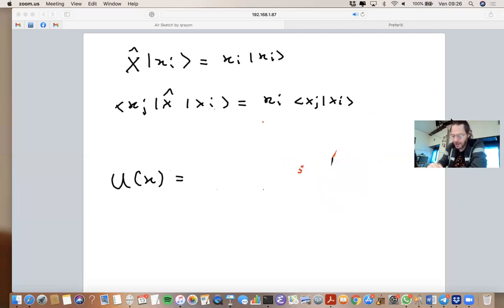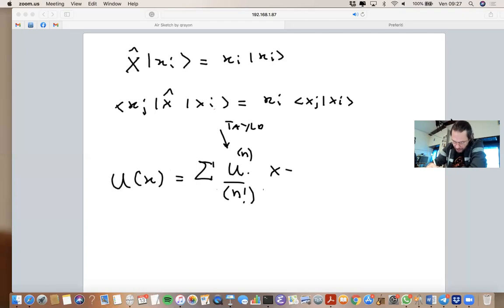Why am I bringing out the idea that U must be an analytic function? Because if it's an analytic function, it's represented by a series of U nth derivative over n factorial. These are the coefficients of the Taylor expansion. And that's x to the n, or x minus x naught. Let's say x naught is the origin, x to the n. Now, this means that if I want to look at a corresponding operator, I can use the position operator to represent it.